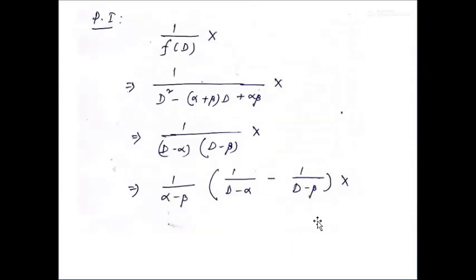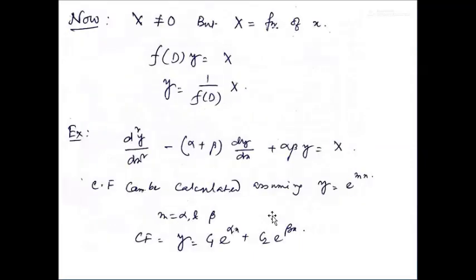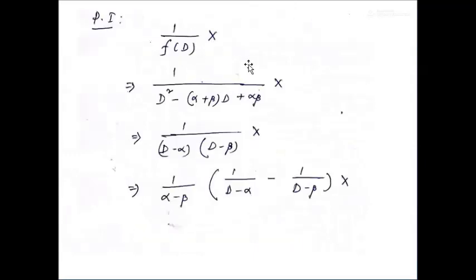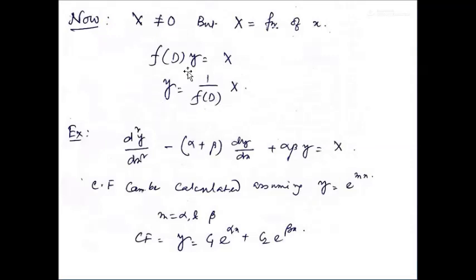Particular integral: if this differential equation can be written in this form, that is f(D) into y equal to X, then y must be f(D) to the power inverse into X, so 1 by f(D) into X. So this will be the particular integral.